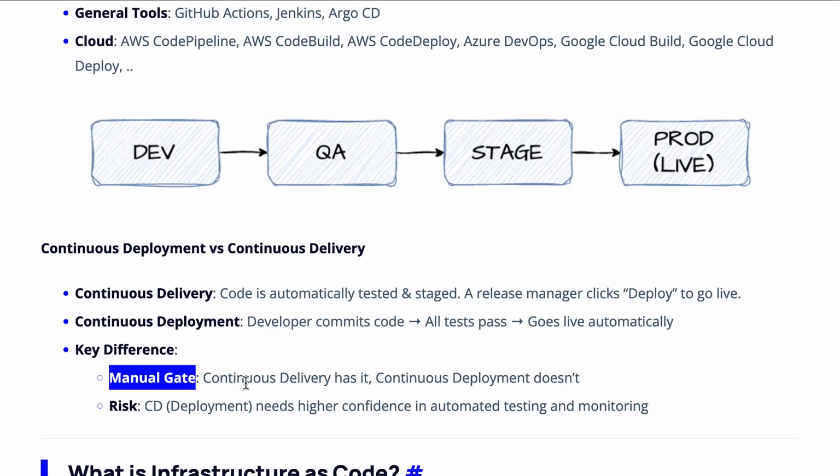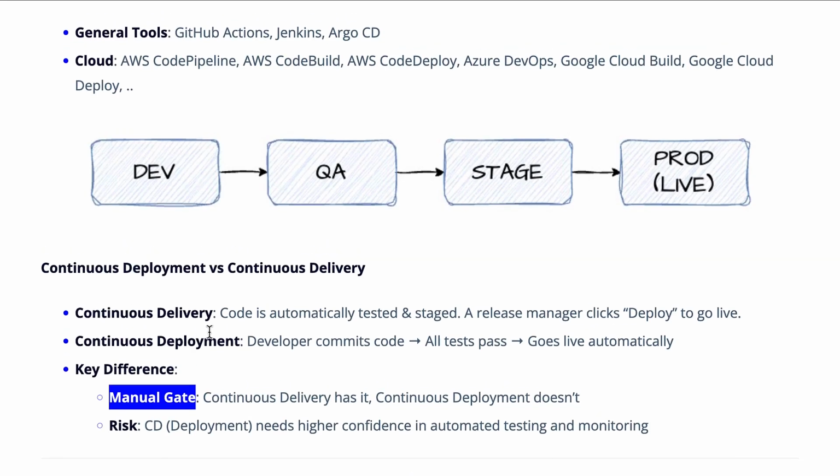However, in teams which are practicing continuous deployment, if developers commit code and all the tests pass, you would go live automatically. You would go to production automatically. So that's the key difference between continuous delivery and continuous deployment. In continuous delivery, there is a manual gate. However, continuous deployment does not have a manual gate.